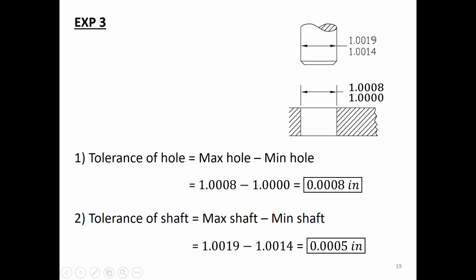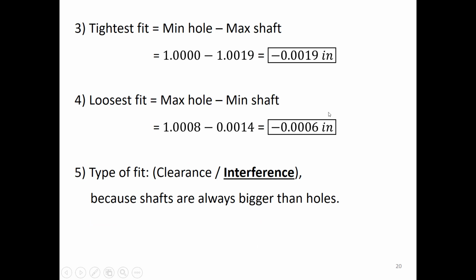And you always want to use the hole to subtract the shaft. Because this is an interference fit, you are expecting a negative number here. The fit in between is going to be a negative number.